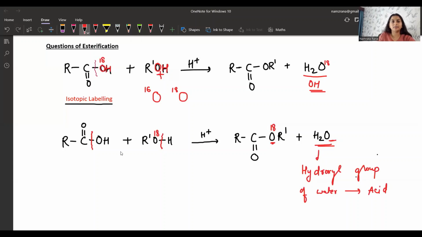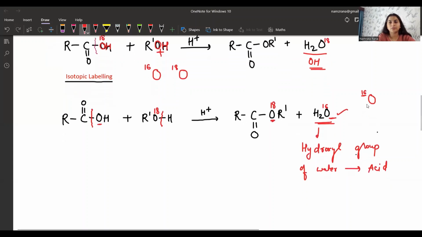The acidic part has oxygen-16, so water will also show oxygen-16. It is not necessary to label this oxygen as 16; if we write oxygen without labeling it, it is considered as oxygen-16 only. So I hope isotopic labeling is clear.